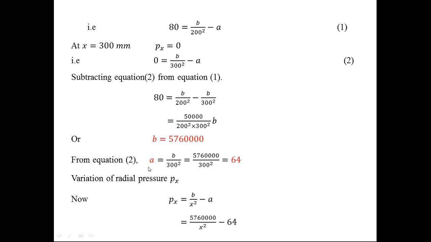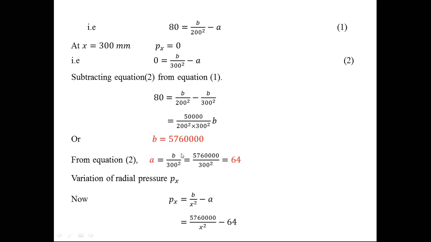So now after getting the constants A and B, the variation in radial pressure is given by Px equal to 5760000 by x square minus 64. This will give the variation of radial pressure.